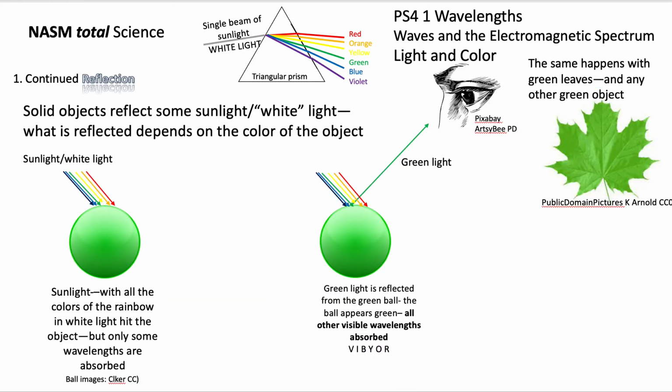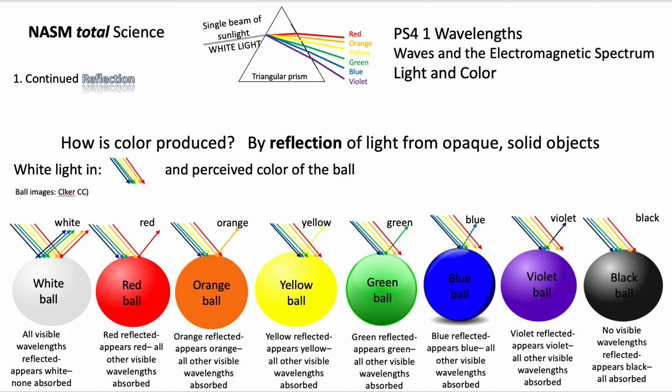So if we look at a green ball and white light is hitting it, when we're observing that ball, most of the white light is absorbed by the surface and green light is reflected. So the wavelength of light that is reflected is going to determine what colour it is, and the same is going to happen with leaves.